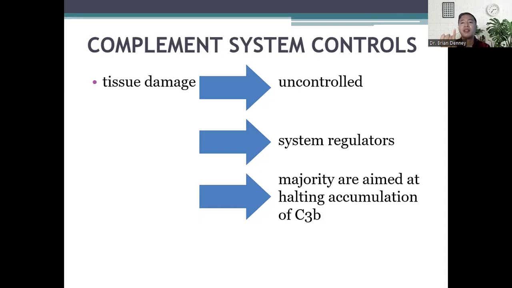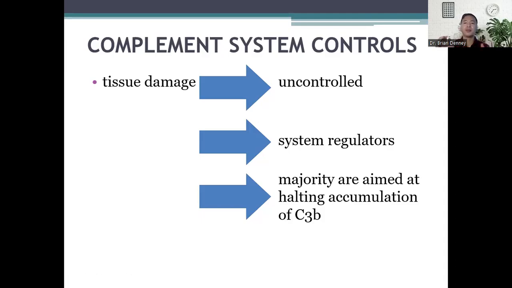Another, we have C3a, C4a, and C5a, which are anaphylatoxins. These anaphylatoxins actually induce release of histamine and inflammatory mediators, causing damage to your tissue. And so that's why we need system regulators. We need regulators to inhibit, to control the activation of the complement.